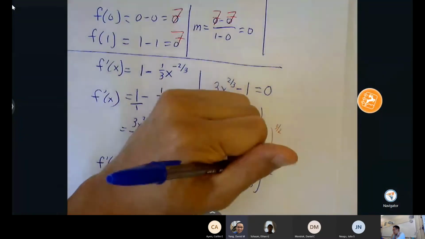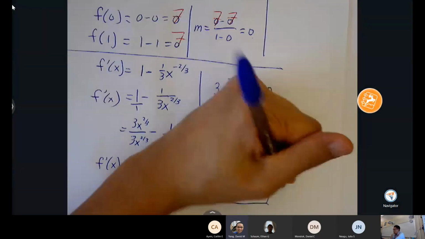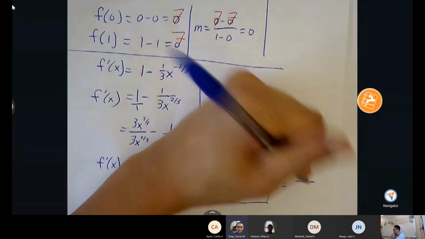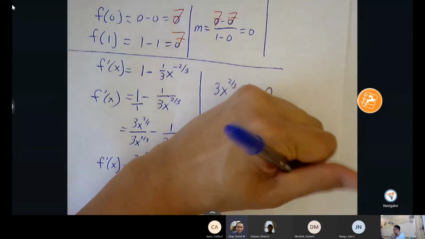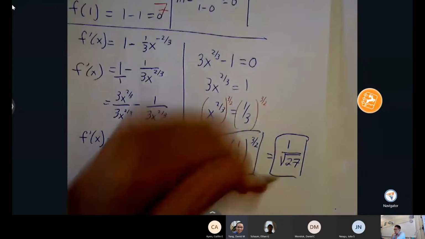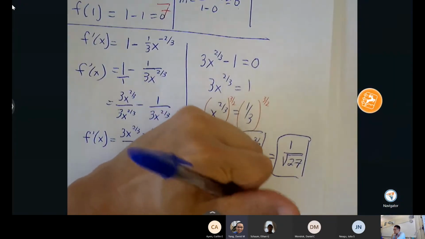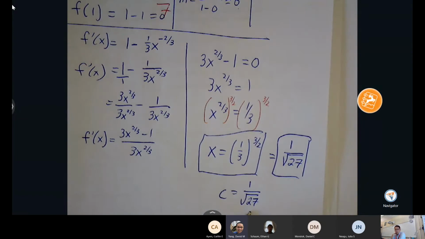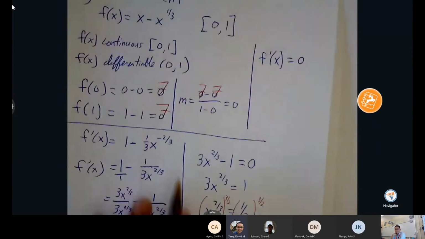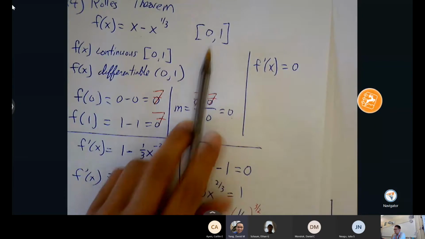Yeah, and that's just some decimal number. Or you can clean it up, make it 3 cubed is 27, square root of 27. Either way, it's a really small number, but it is still a number that falls nicely between our interval, right? It's greater than 0, but less than 1. Okay. Lies nicely inside our interval.